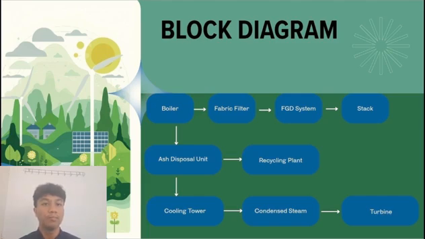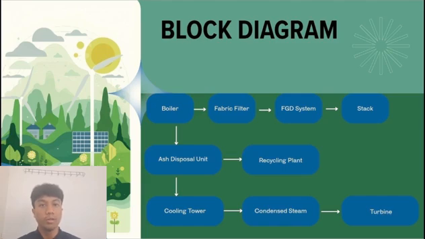For the cooling system, the steam after passing through the turbine is condensed back into water using a cooling tower or heat exchanger. This helps control the temperature of the discharged water, preventing thermal pollution to nearby rivers or lakes. The cool water is then reused in the cycle, which also saves water resources.